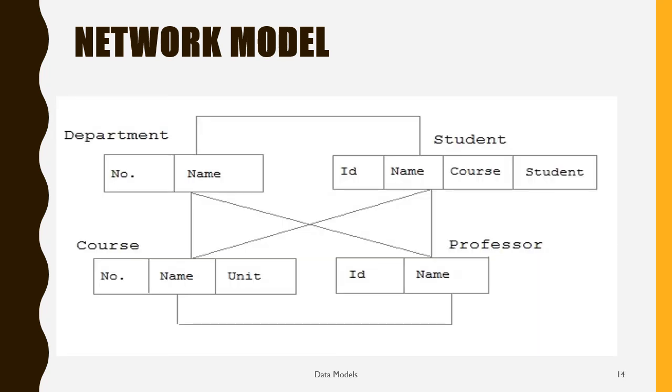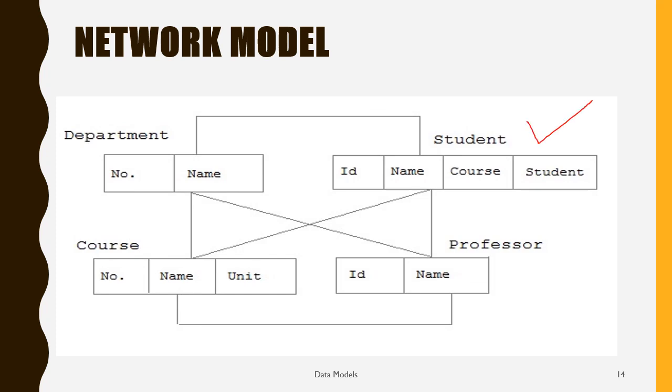This is an example of network model where a student can be accessed from a department. There's a relationship between student and department. Again, there's a relationship between student and course. And there's a relationship between professor and student.